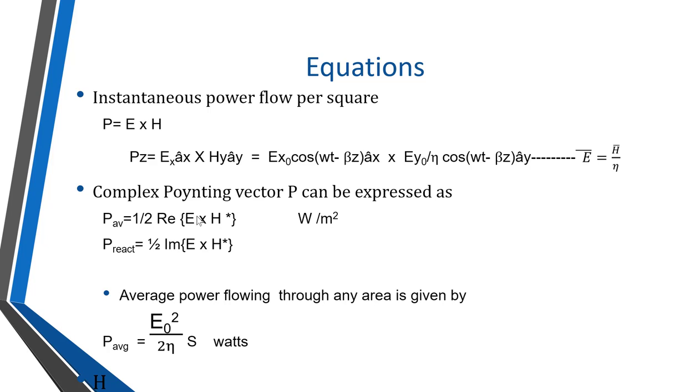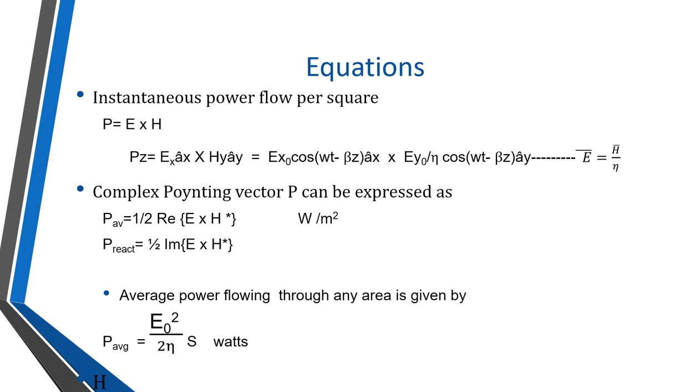Both the E bar field and H bar field have imaginary terms, out of which we will consider H as a complex vector. So the total P vector has a real part as well as an imaginary part. The equation of E is also given by Ex naught e raised to minus gamma x into cos of (omega t minus beta z) into x cap when it is traveling in some lossy medium.